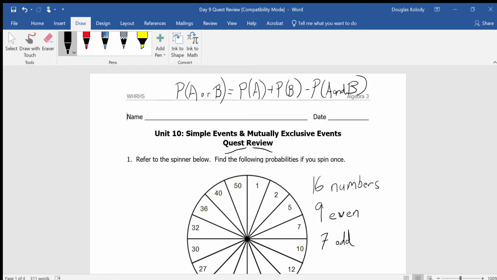So let's talk about the one and only formula that we've spoken about all last week, the addition rule formula. And what tips you off that you know you're going to use the addition rule? The word or.